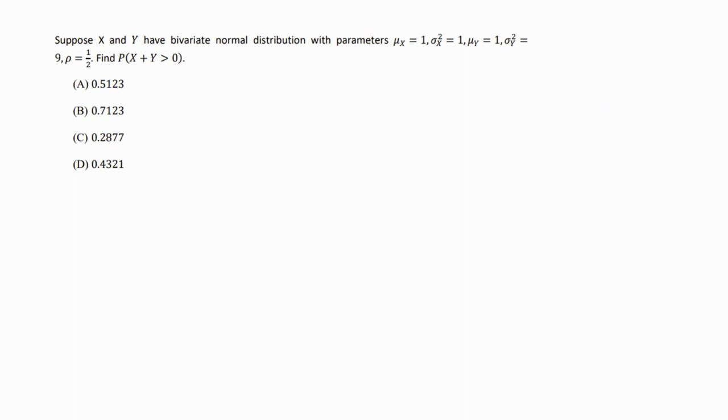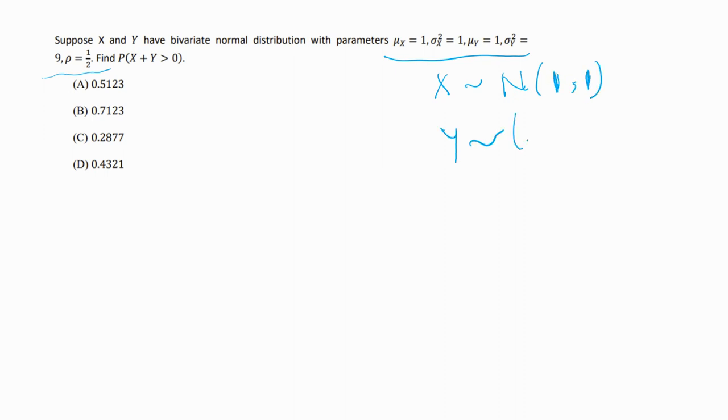So next you have given here that x and y are bivariate normal distribution with the parameters given. Then we want to find P of x plus y greater than 0. Okay. So x is normally distributed with 1, 1.